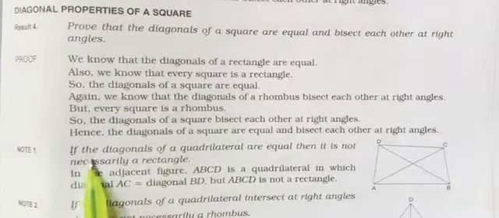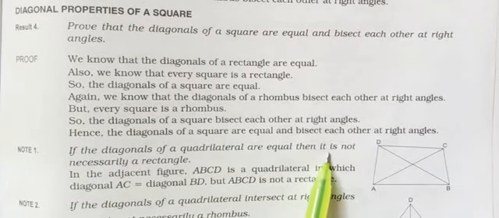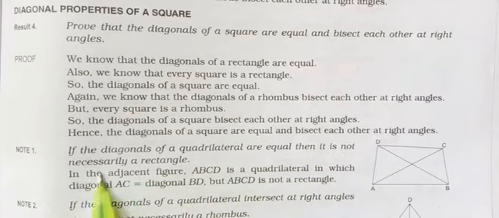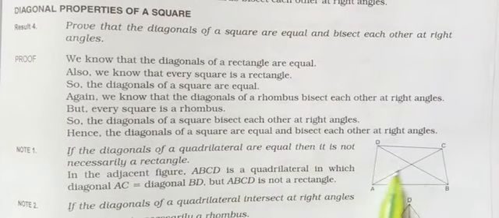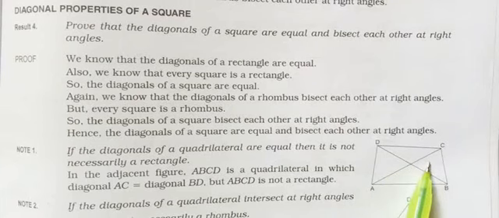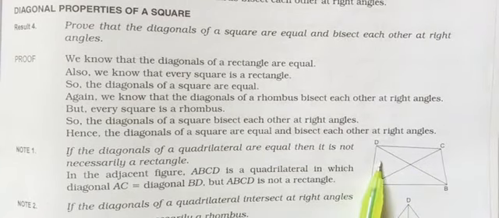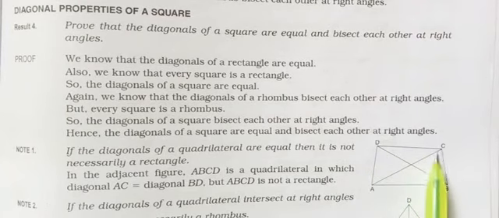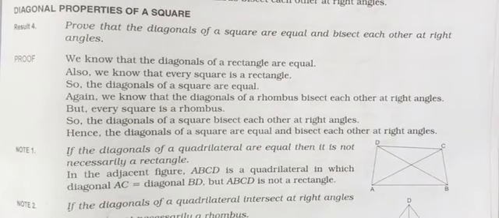Next, one note: if the diagonals of a quadrilateral are equal, then it is not necessarily a rectangle. Because in this figure we can see that the diagonals are equal, but it is not a rectangle.